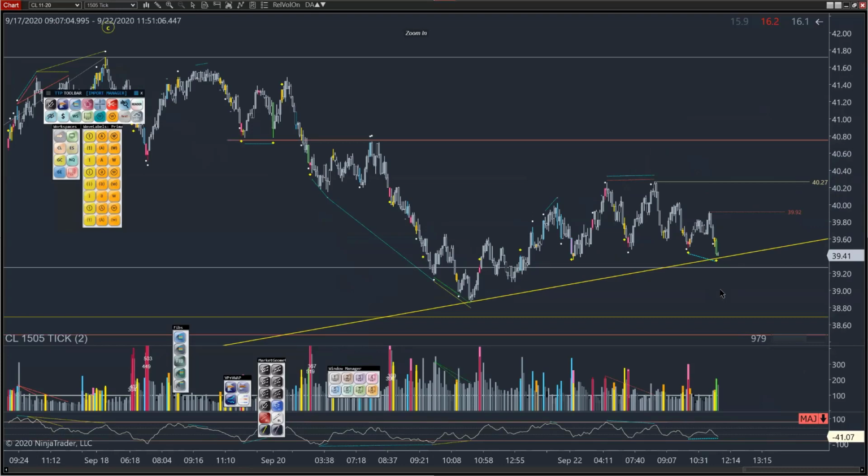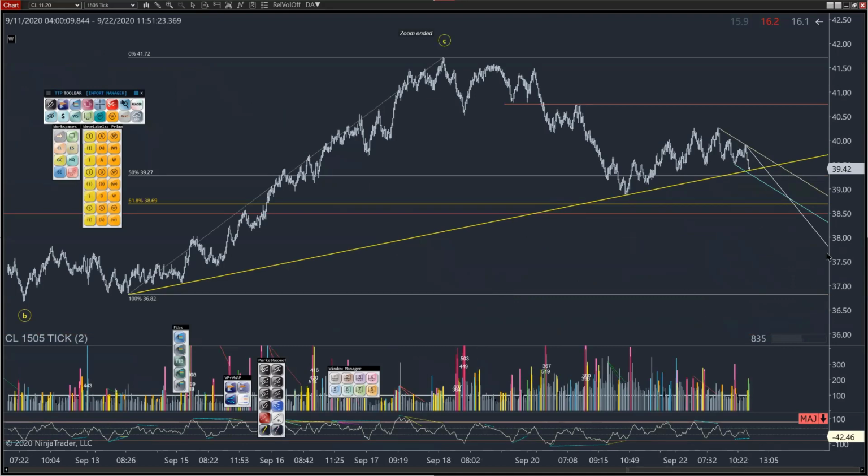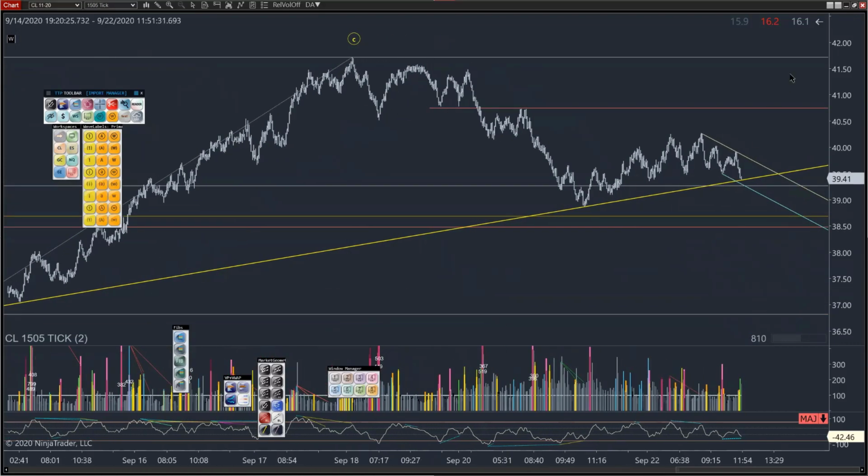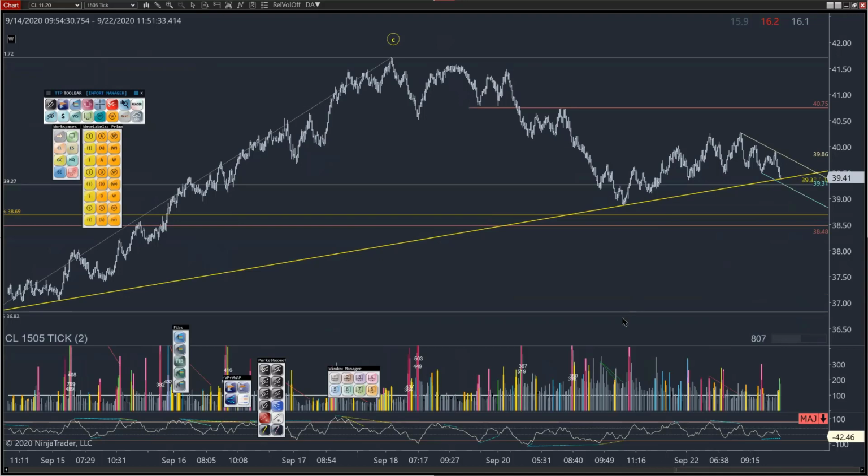I just don't want to experience what that's going to look like. It's probably not going to look very nice.